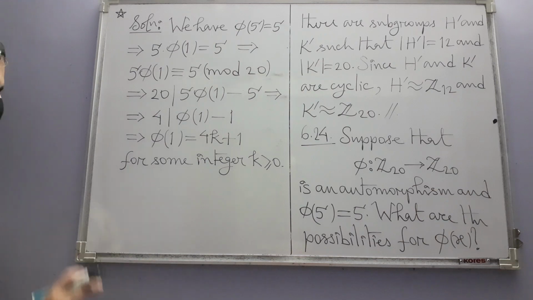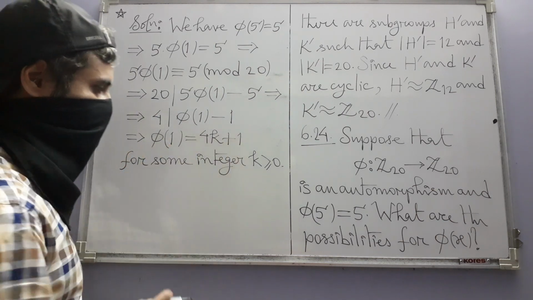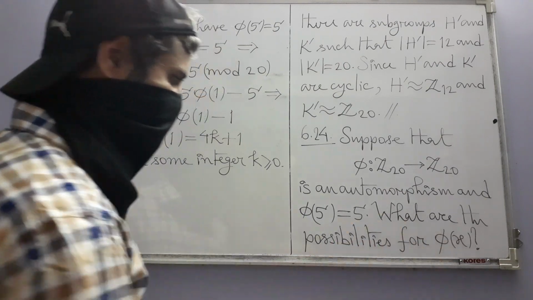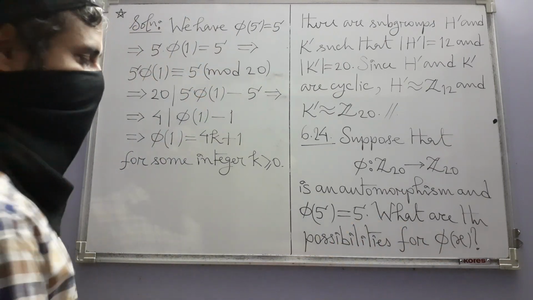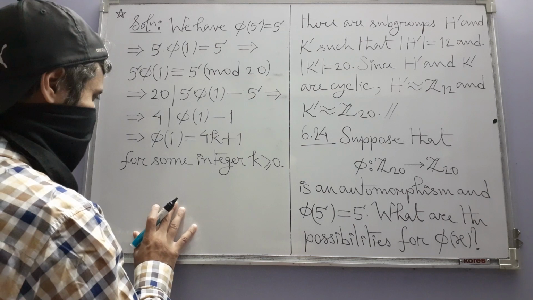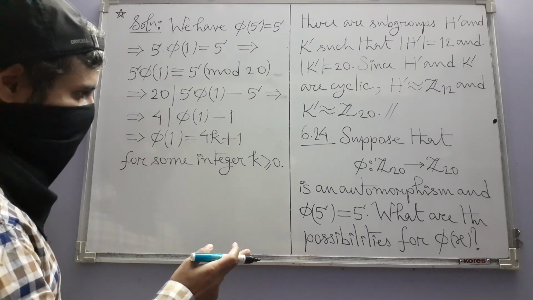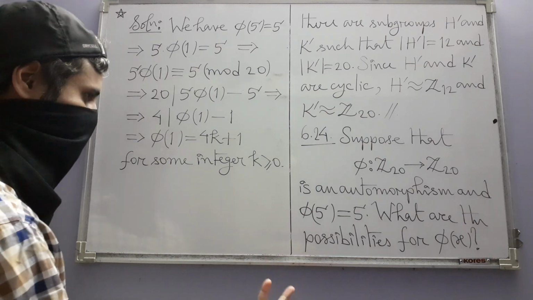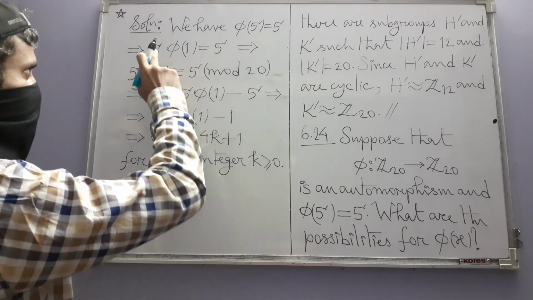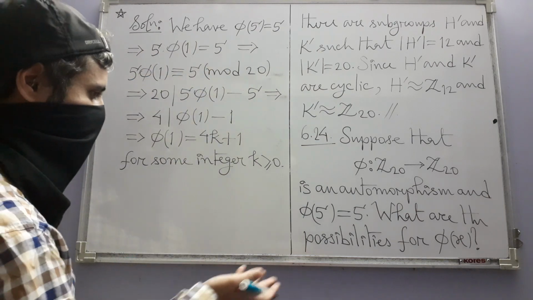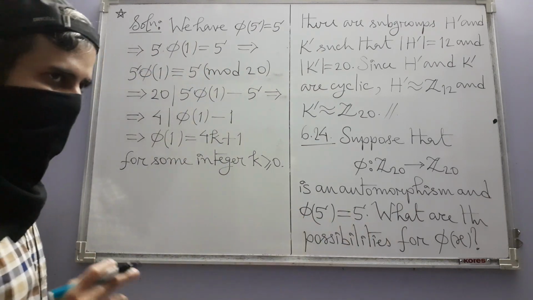So this gives us an idea of what phi of 1 can possibly be, and from that we can guess what phi of x can possibly be. Once you know phi of 1, you already know phi of x. See, phi of 5 is 5 times phi of 1, and just like that phi of x is x times phi of 1.